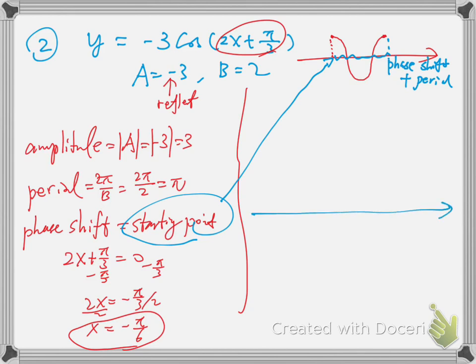First we start at negative pi over 6, and then we travel a period of pi. This is negative pi over 6 plus pi, so this is 5 pi over 6. If you like, you can simplify that.